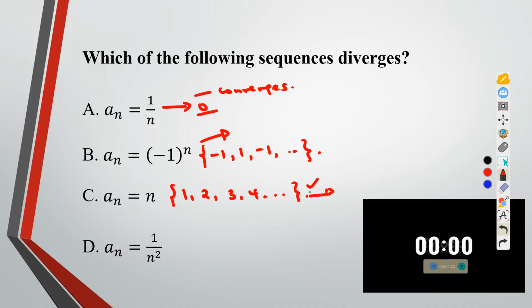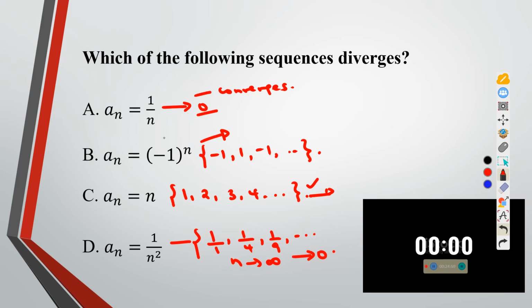Then when you look at this one here, the terms of this sequence are 1 over 1 squared, which is 1, 1 over 2 squared, that is 1 over 4, 1 over 9, and so on. The terms keep on decreasing, and as n tends to infinity, these terms will be coming closer to 0 as well.